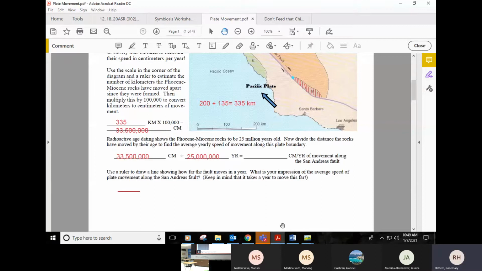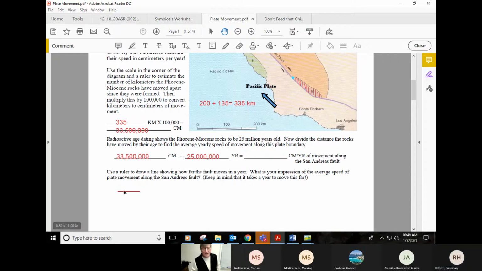Do we write our answers to the question that you just asked on the paper? Yeah, you should be filling all this stuff in on the paper as we go. No, I know that, but to the question that you just asked. Well, right here, yeah. What is your impression of the average speed of plate movement? Do we write our answer? Yeah, right here.